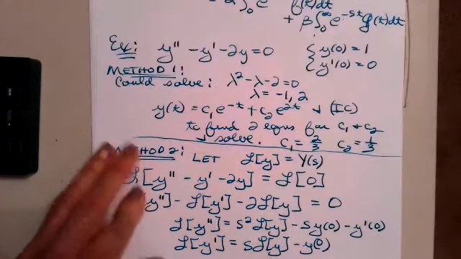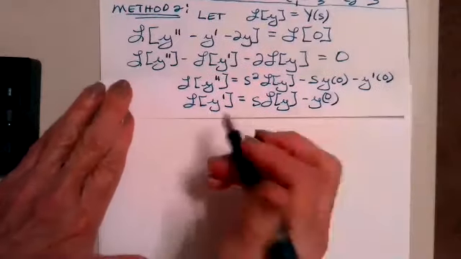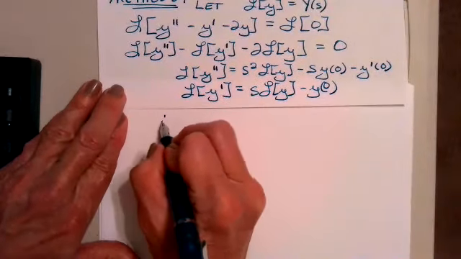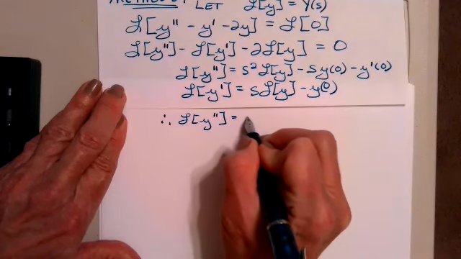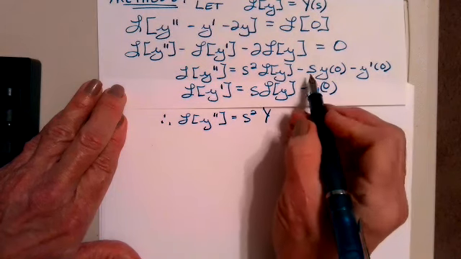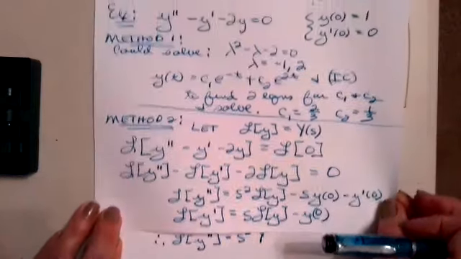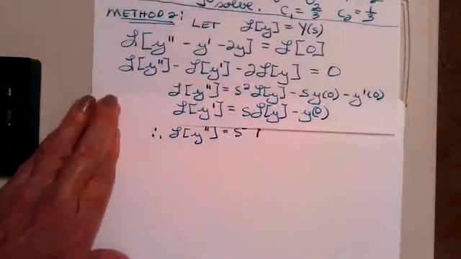Okay, let's move that out of the way. So that tells me the Laplace transform of y double prime is s squared capital Y. And now y of 0, by our problem, y of 0 is 1, y prime of 0 is 0.